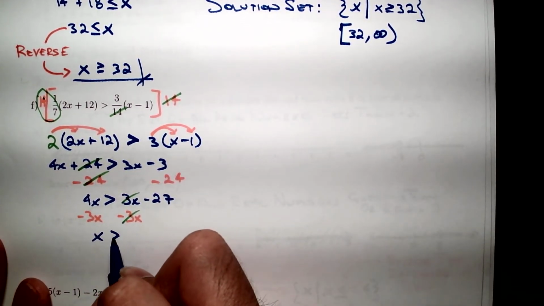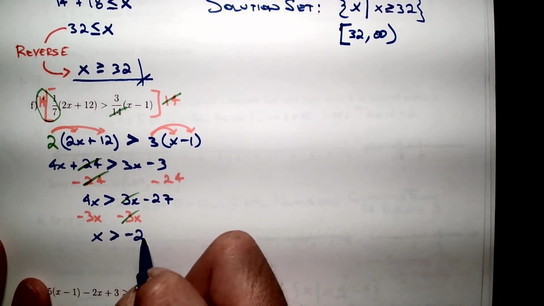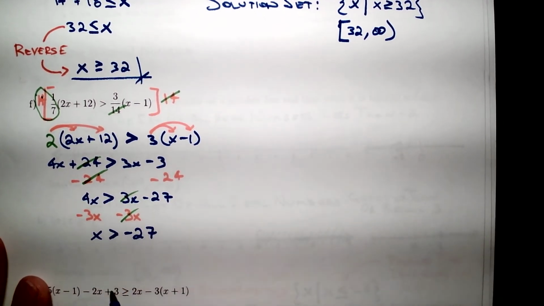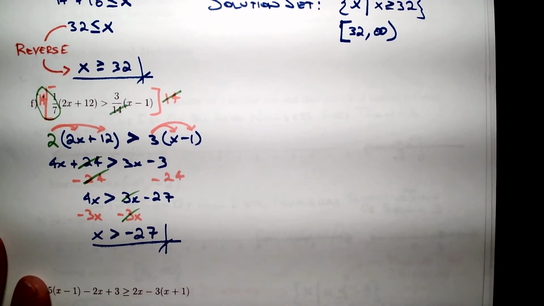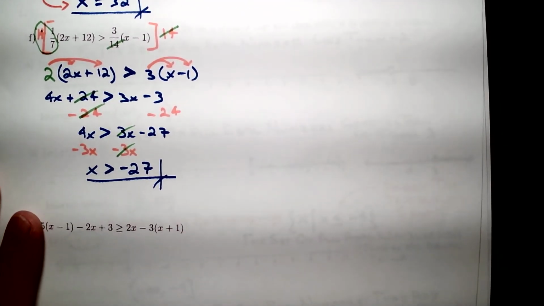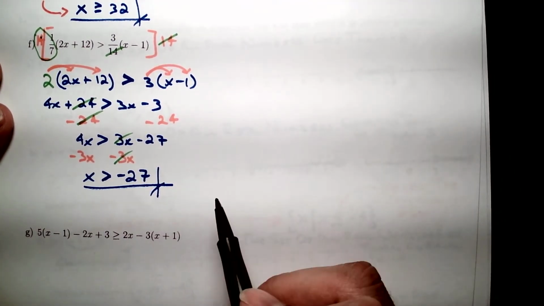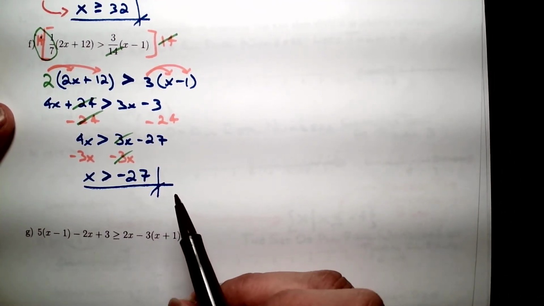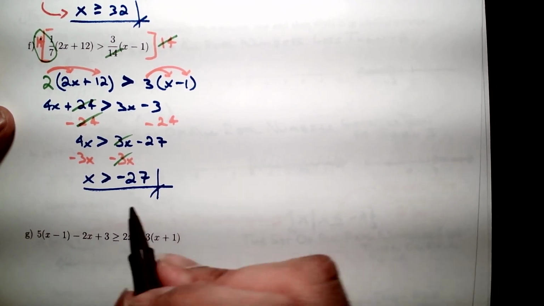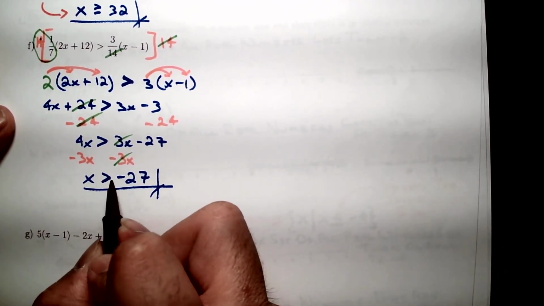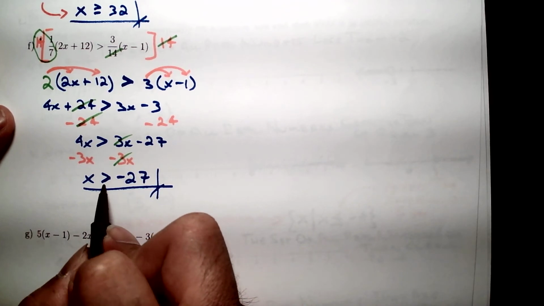So x is greater than negative 27. So that's the solution to this inequality. Using the graph, so using the bubble, the solid bubble or the open bubble, in this case, the greater than, notice, doesn't have the equal.